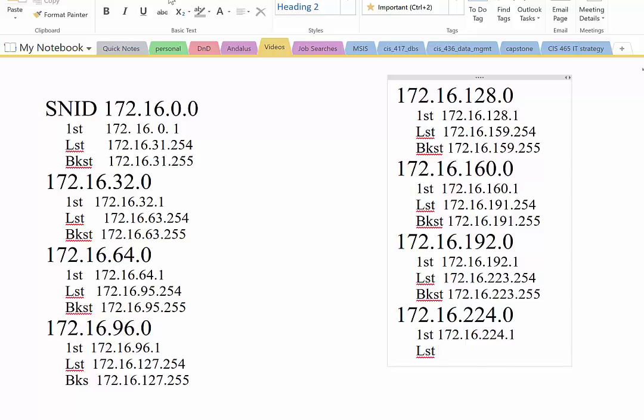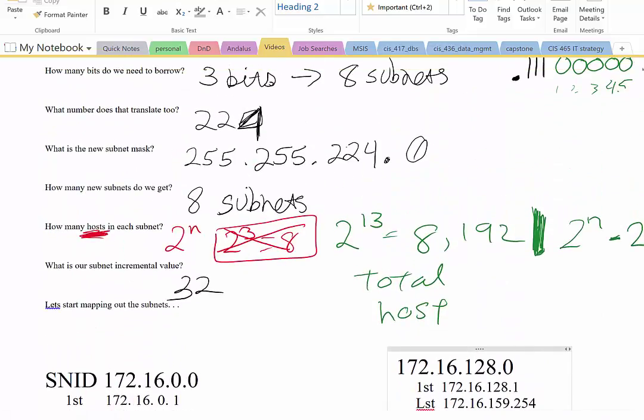All right, my last usable will be 224.254, and my broadcast will be 172.16.224.255. All right, so that's it. We have mapped out our entire subnet here.